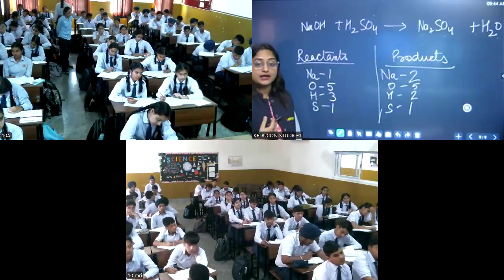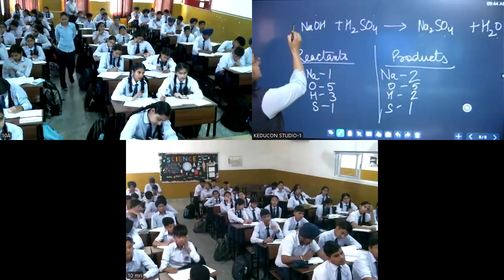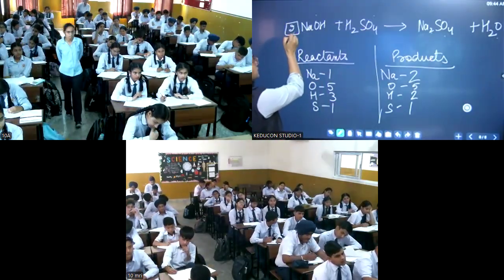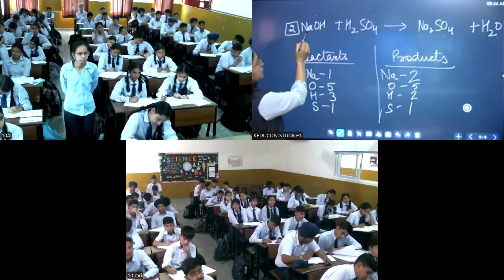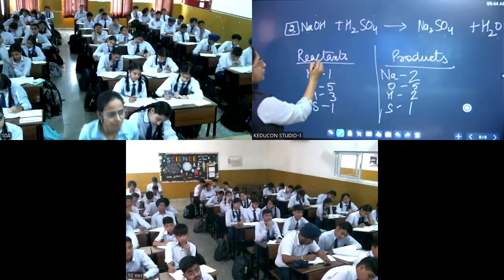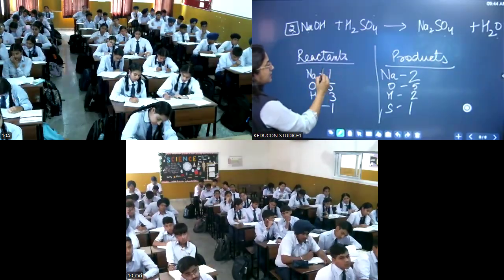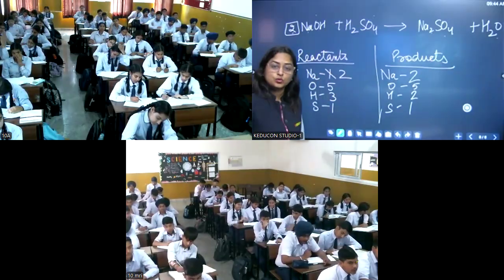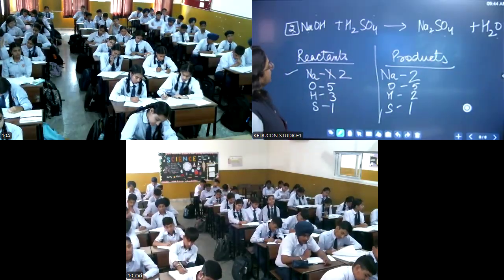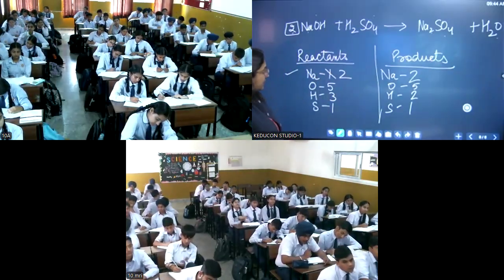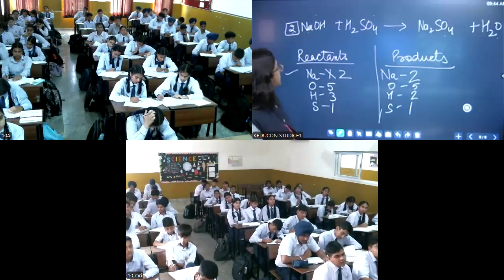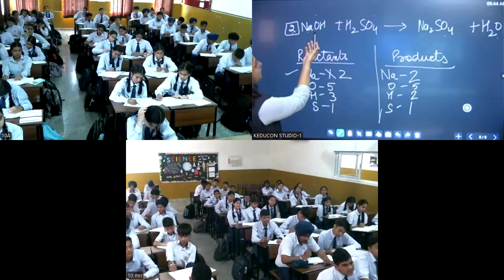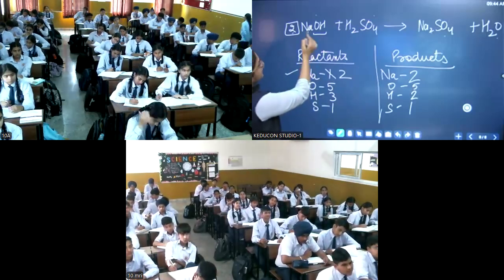What would I do? I will write 2 here. This will make the number of sodium atoms 2 on the left hand side, right? So this becomes 2 and this balances our sodium, right? Then what is unbalanced? Oh, the number of oxygen and hydrogen also, because I've placed 2 here.